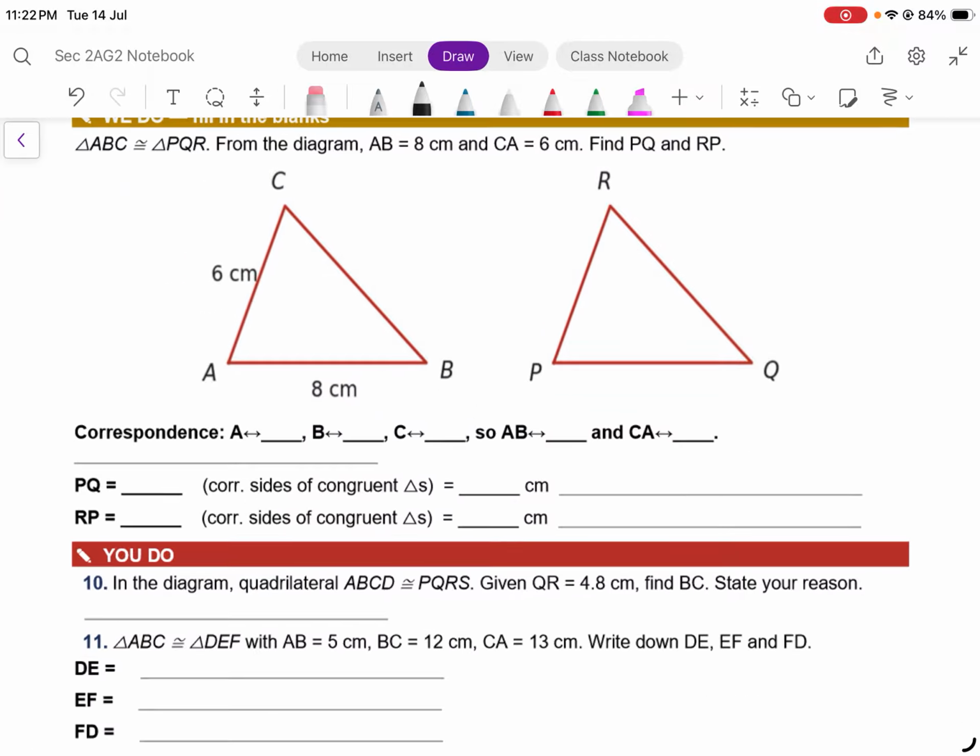Okay, so corresponding, A is to P, B is to Q, and C is to R. So AB is PQ, and CA is RP. Okay, corresponding, so PQ equals AB equals 8 cm, right?